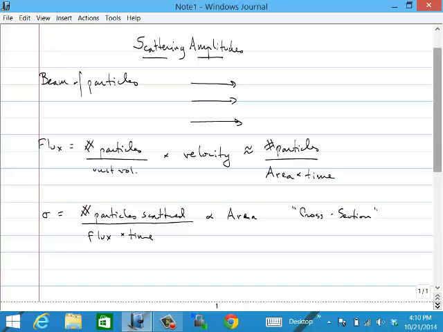More generally, what we want to do is consider this cross-section not as the total cross-section, but as a function of, say, the momenta of the particles that you're scattering.